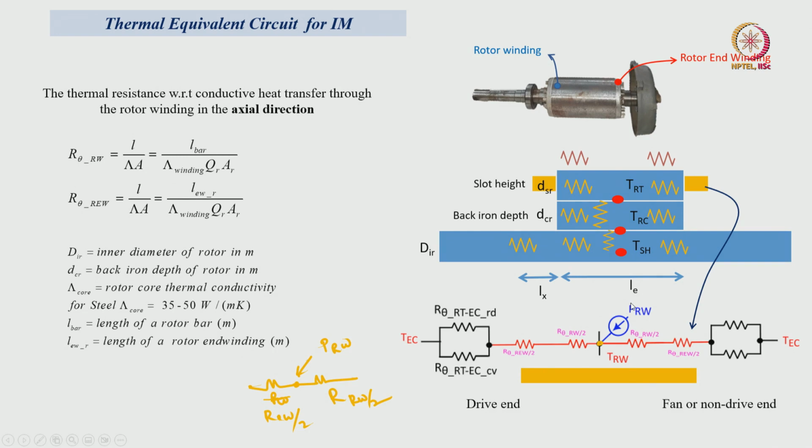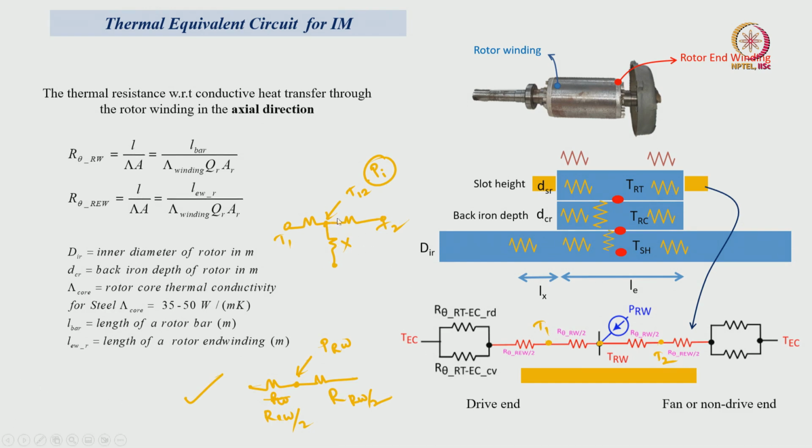To make it simple, instead of representing it with a T type network, I have neglected this point and directly consider the temperature at the midpoint of the circuit as T12, and the heat generation at the midpoint node as Pi. This is T1 and this is T2.